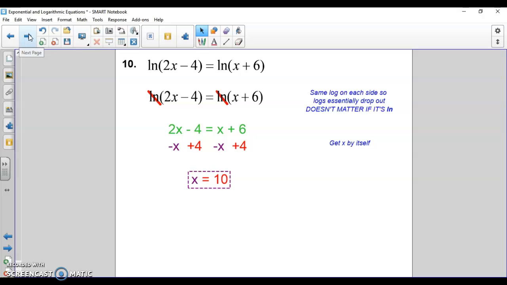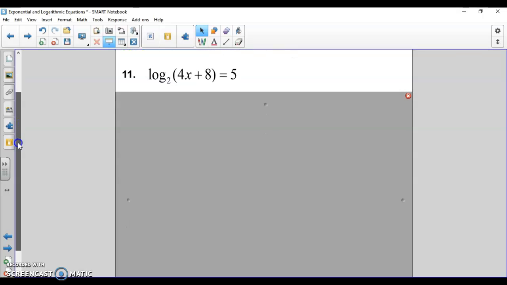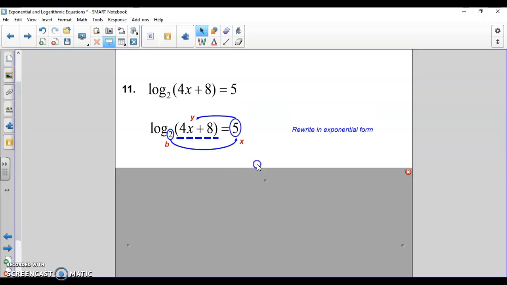Last 2 examples. Now, we recall this property where we can rewrite it in exponential form: b to the x equals y. Here we don't have 2 log terms, so we need to rewrite it into exponential form.